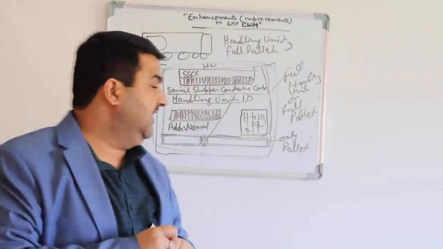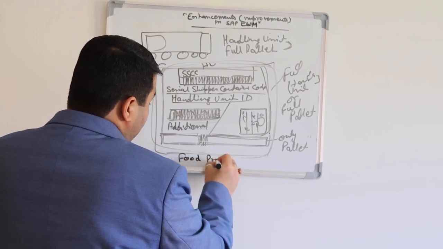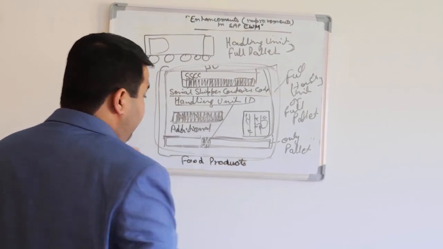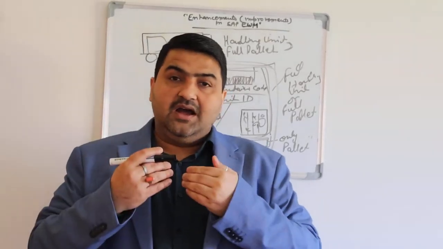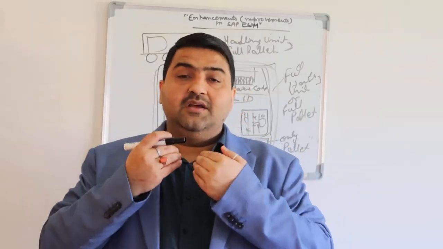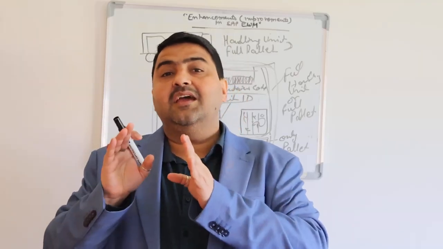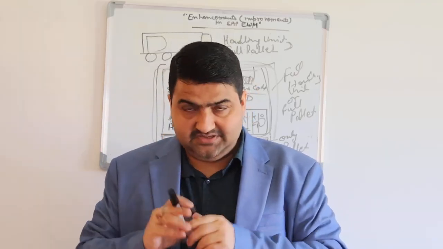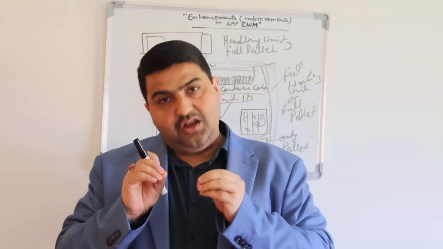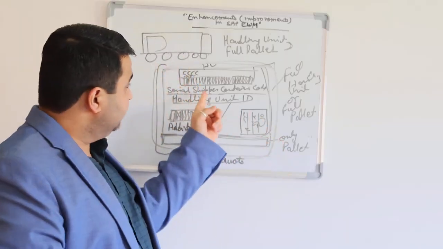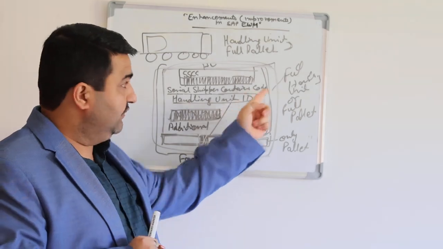Suppose we are dealing with a food item. For our benefit, easiness and flexibility, the supplier sends us the handling unit along with the serial shipper container code, which is the handling unit ID, the full pallet ID.